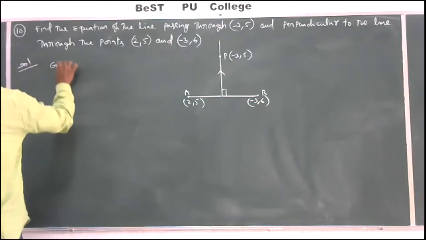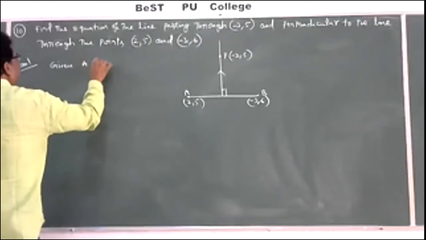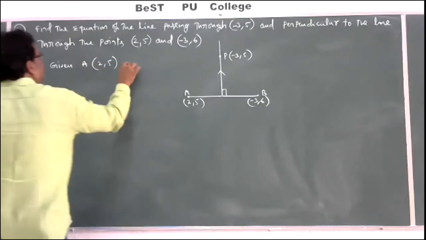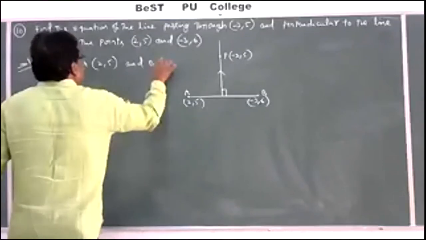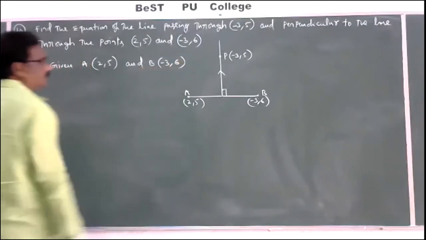Solution. Given A 2 comma 5 and B minus 3 comma 6.